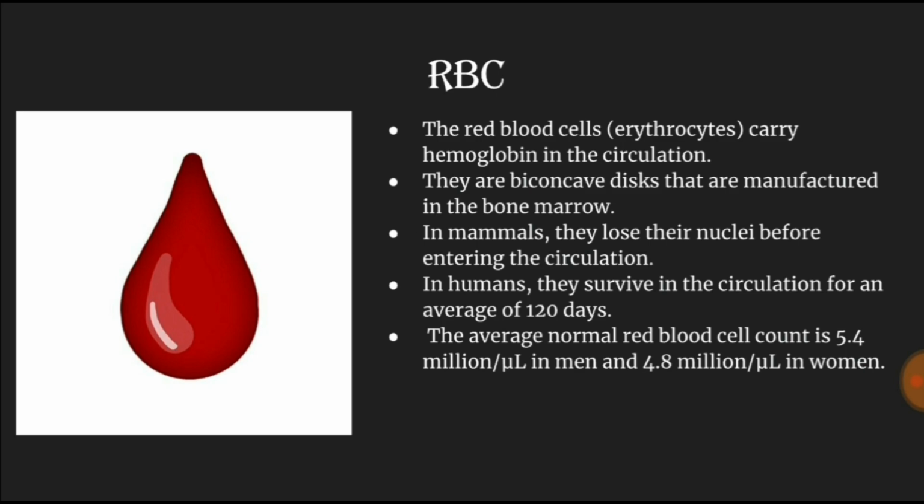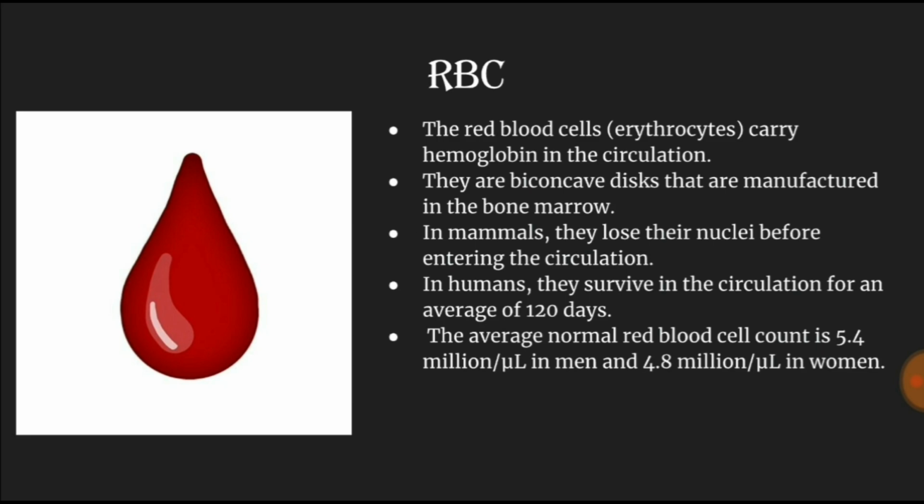So what does an RBC look like, or what is the morphology of RBC? It is a biconcave disc, and it originates from the bone marrow. In mammals there are no nuclei in the RBCs. They lose their nuclei in order to accommodate 4 molecules of oxygen.